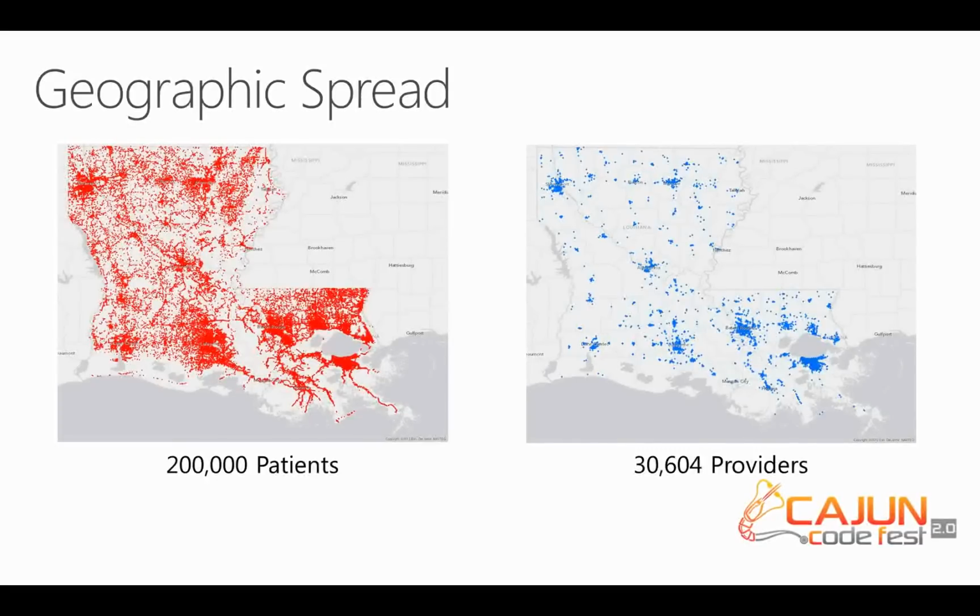As you'll see on the map on the left, our patients are spread across the state, both urban and rural communities. Our providers, likewise, are concentrated predominantly in our metropolitan areas with fewer providers in our rural areas. These are real-world examples of what faces our medical community in Louisiana today.